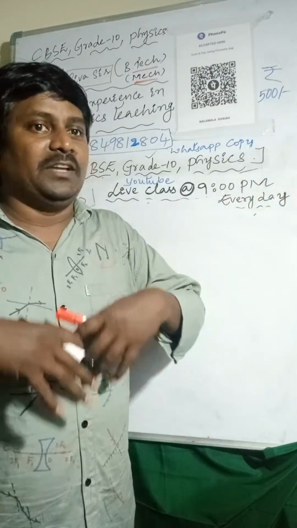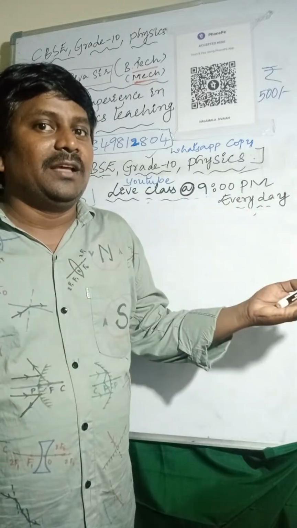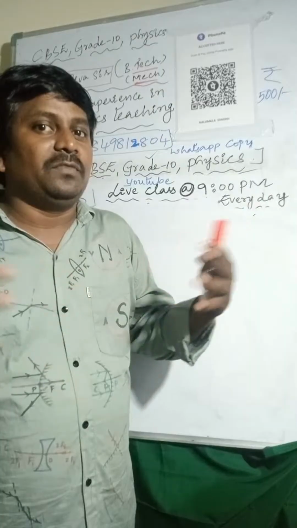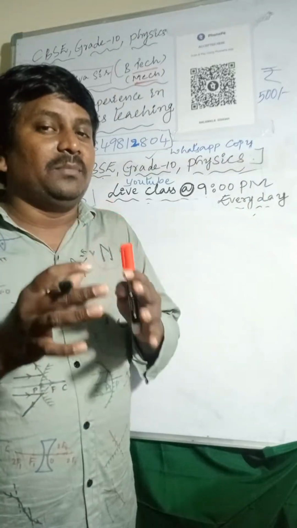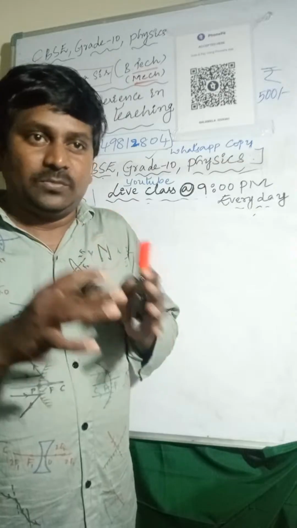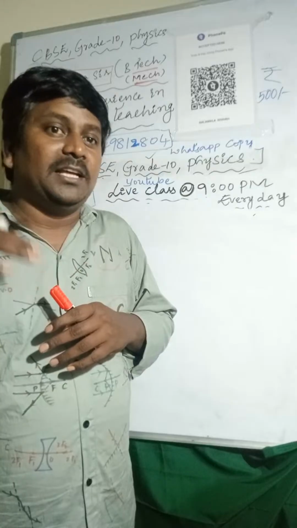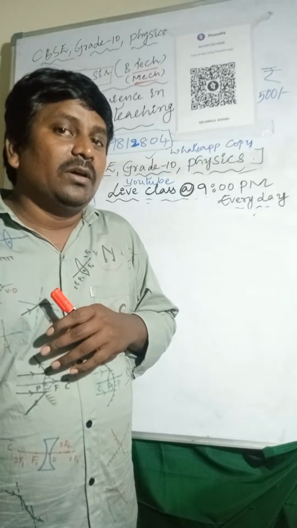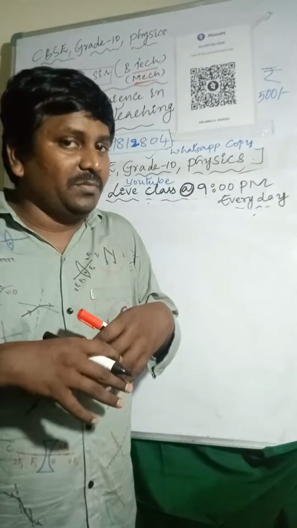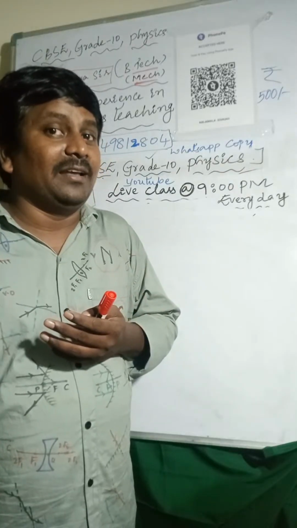Based on reflection of light, spherical mirrors are divided into two types. If reflection takes place inward, it is called a concave mirror. If reflection takes place outward, it is called a convex mirror.